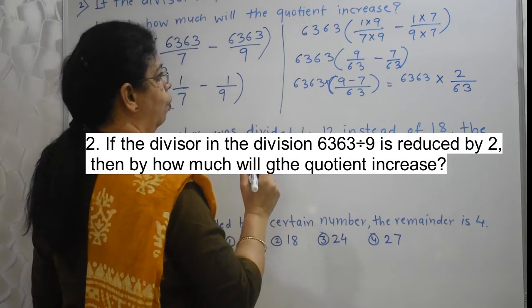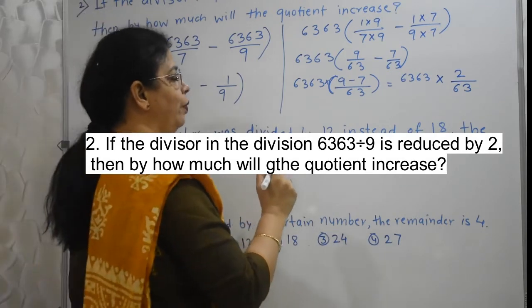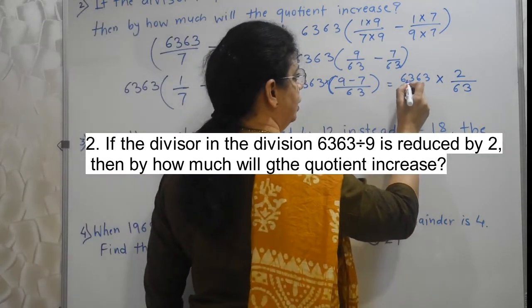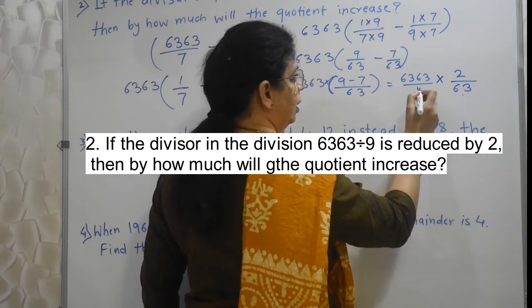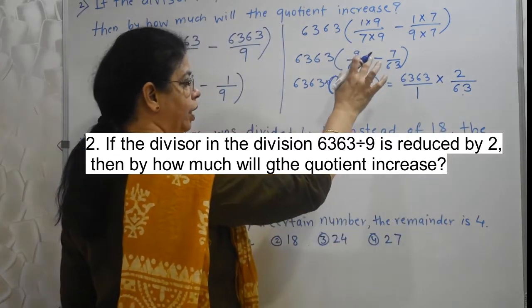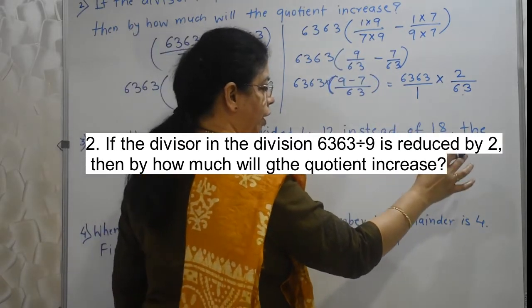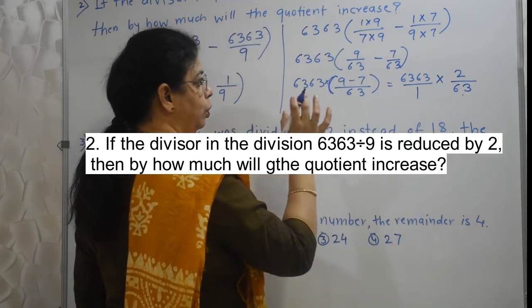So now what can be done? Now we can do division. 6363 divided by 63. One number from the denominator and one number from the numerator, we need to do the division.